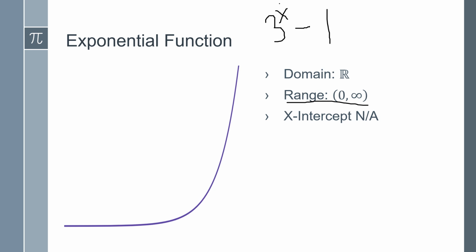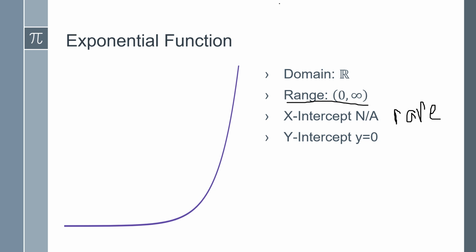On rare occasions that happens, but in most cases you don't. However, you are always, forevermore, going to have a y-intercept. A basic exponential function has a y-intercept of 0.